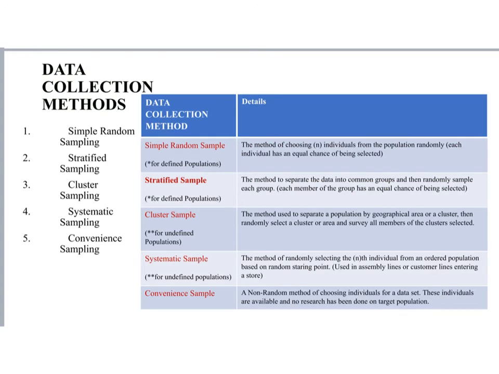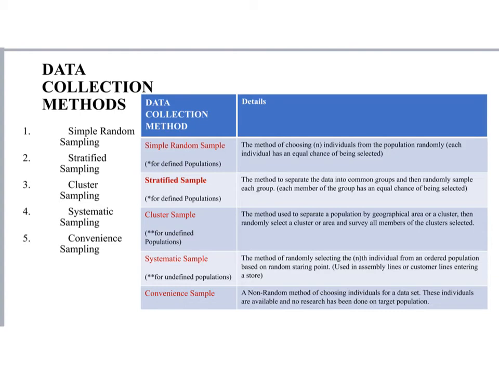In statistics, we have different methods of collecting data. The most common ones are the following: simple random sampling, stratified sampling, cluster sampling, systematic sampling, and convenience sampling. Simple random sampling is used for defined populations, and it is the method of choosing n individuals from the population randomly.